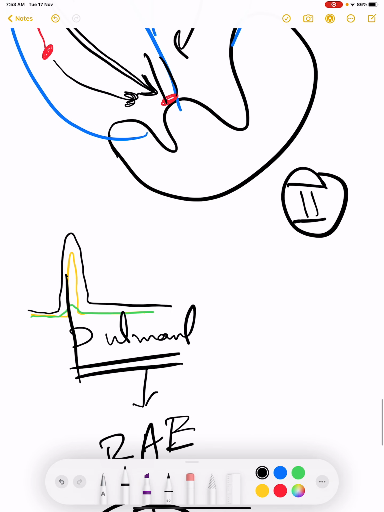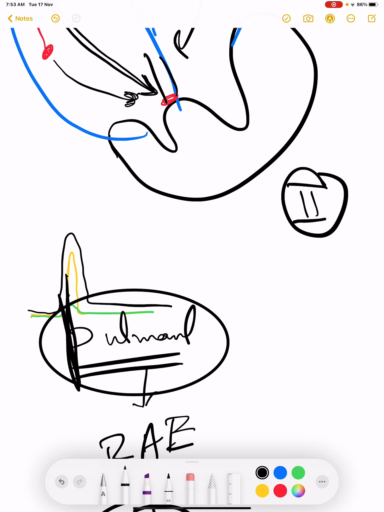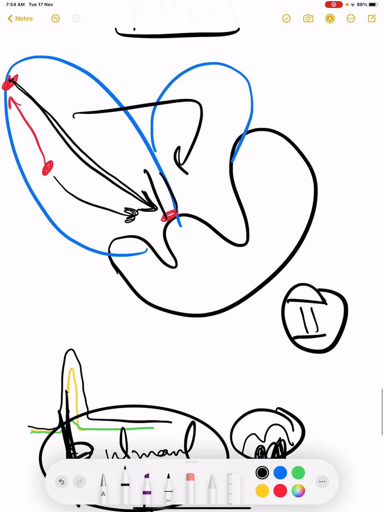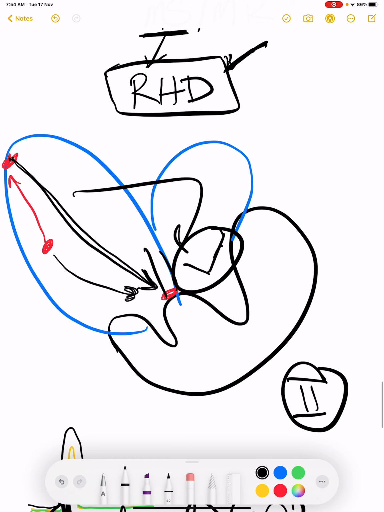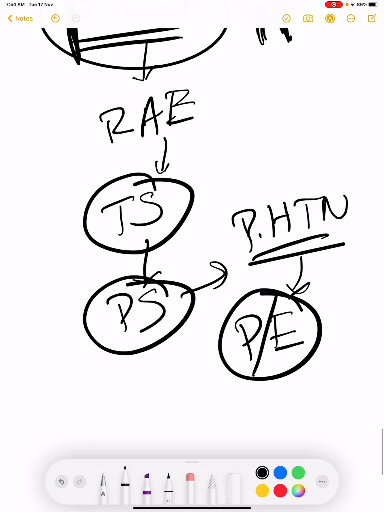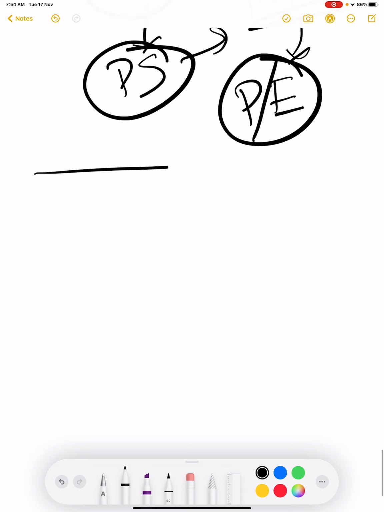Okay, so a tall tented P wave is P pulmonale because P is tall, and a bifid P wave is P mitral because M is bifid and it is on the mitral side of the heart. So this was about different abnormalities of the P wave.